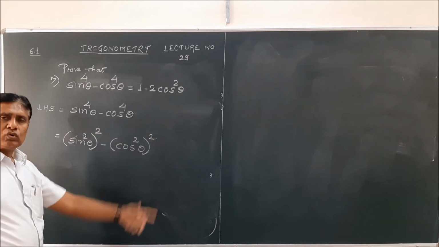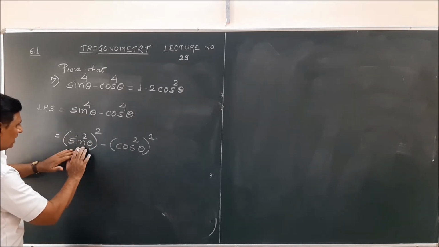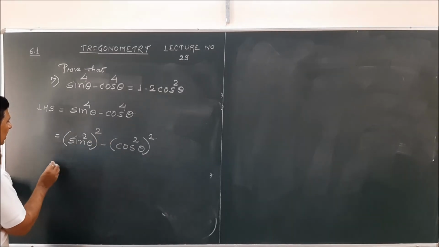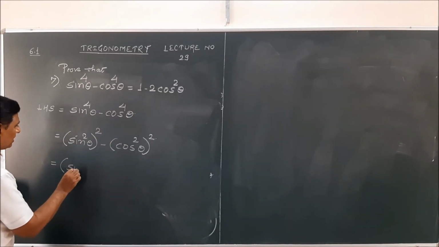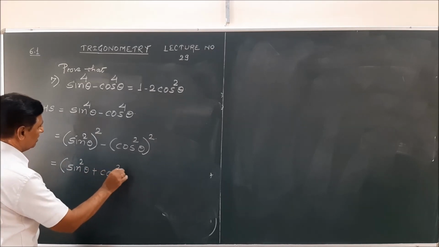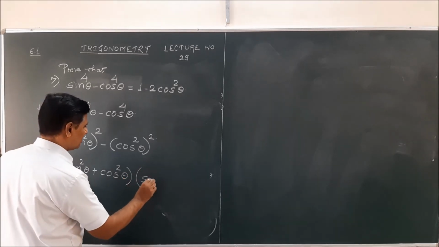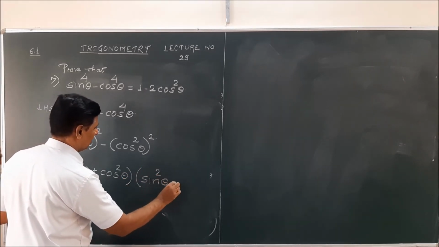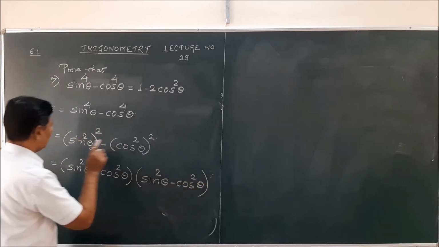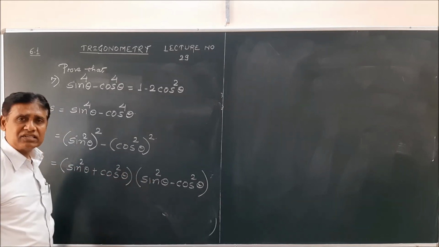2 2s are 4. Now this is our A, this is our B. A square minus B square is A plus B, A minus B. So sin square theta plus cos square theta, and sin square theta minus cos square theta.